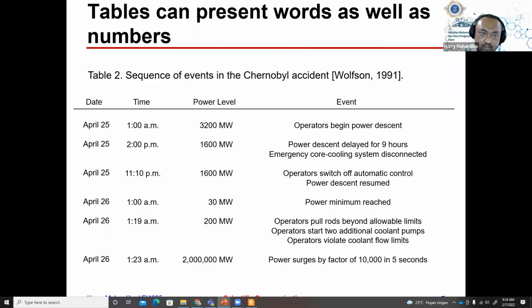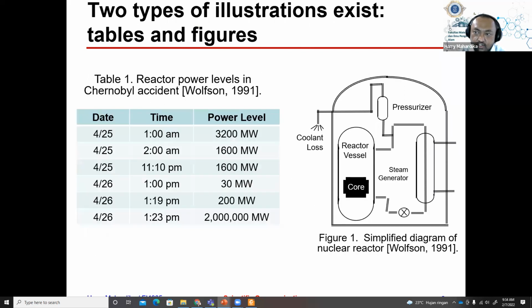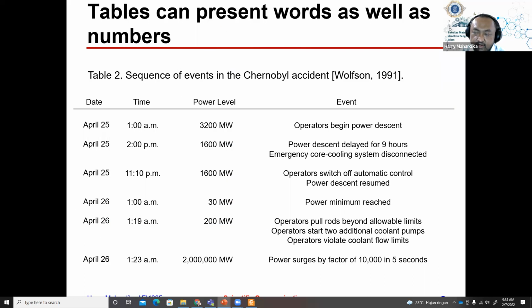Okay, table 1 and table 2 are basically showing the same information. However, here we put additional information regarding the events instead of presenting them in a paragraph.